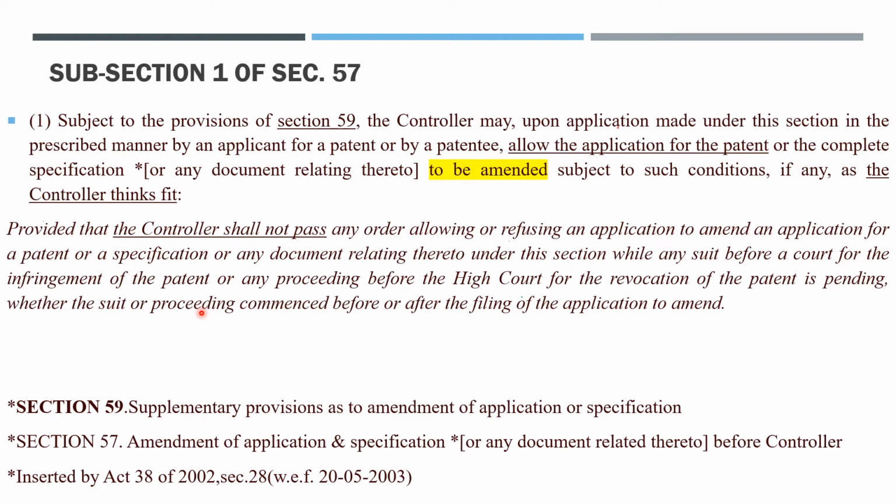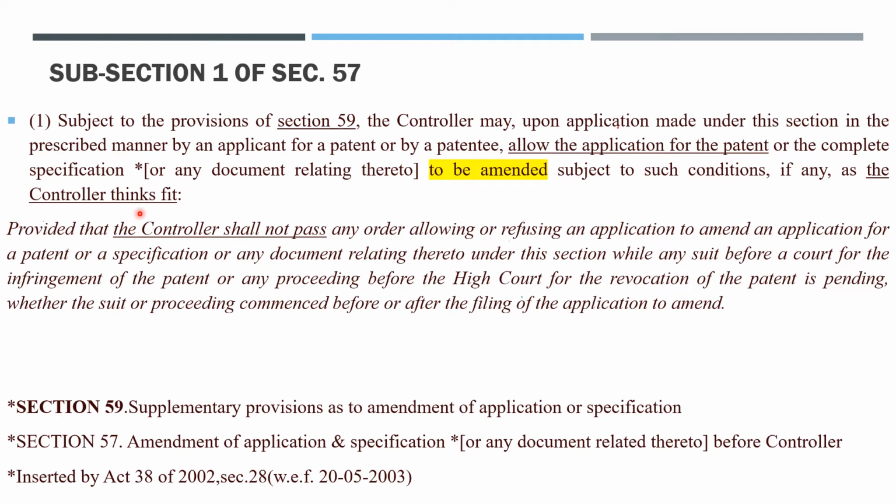So just try to listen and grasp the thing. For the first part of this subsection, we can say in very simple words: the controller may allow the application made by a patentee or an applicant for amendment if he thinks fit. That means if he is satisfied with the fulfilled criteria.